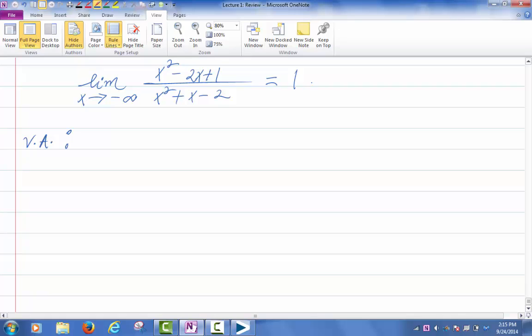Well, these are the values of x where the denominator would be 0, right? Those are the potential places where the limit will be infinity or negative infinity. So you have to find where the denominator vanishes.